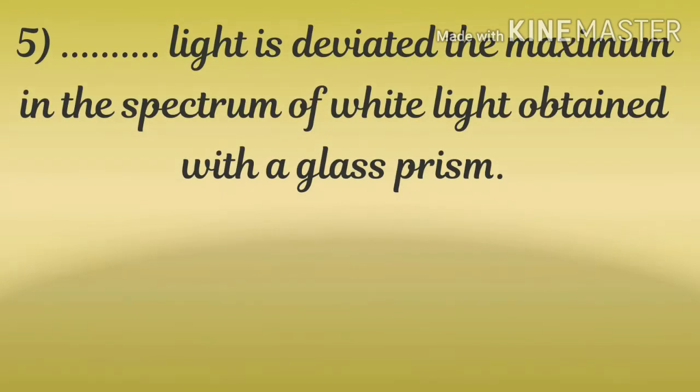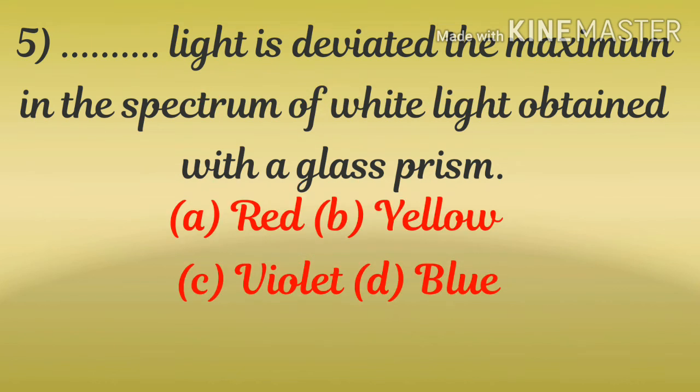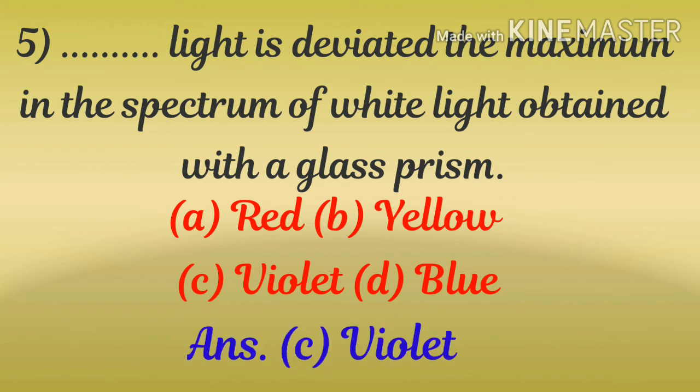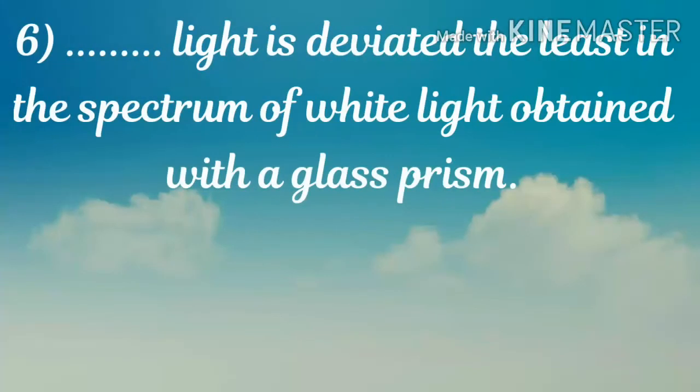5. Dash light is deviated the maximum in the spectrum of white light obtained with a glass prism. Options are A. Red, B. Yellow, C. Violet, and D. Blue. And the correct answer is option C. Violet. 6.